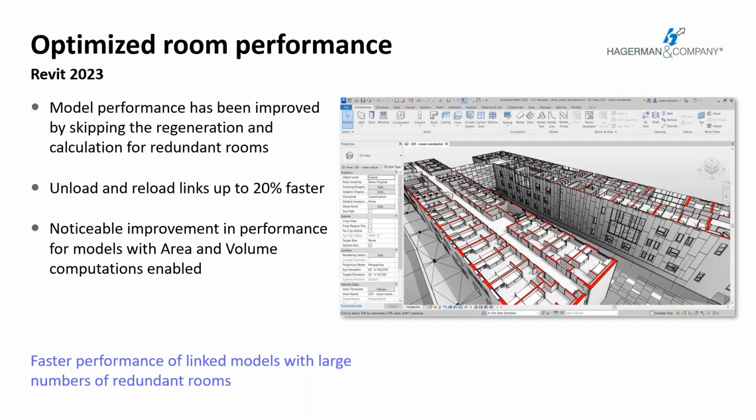The enhancement will be noticeable in models with the area and volume computations enabled. So yeah, if you like to set it so you can view volume computations, this will be a nice improvement here.